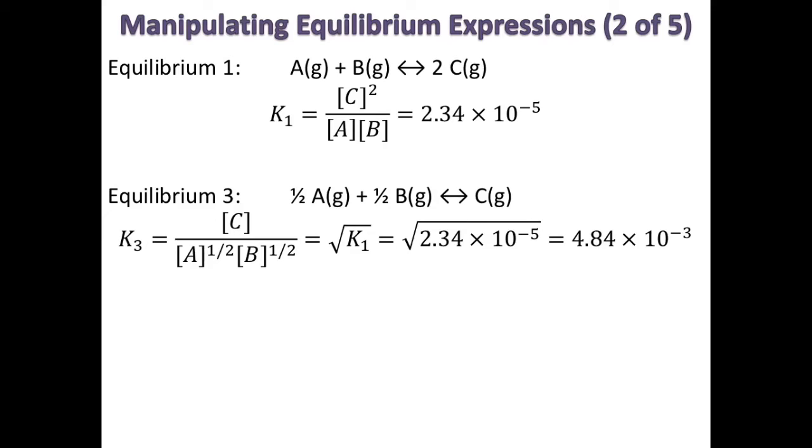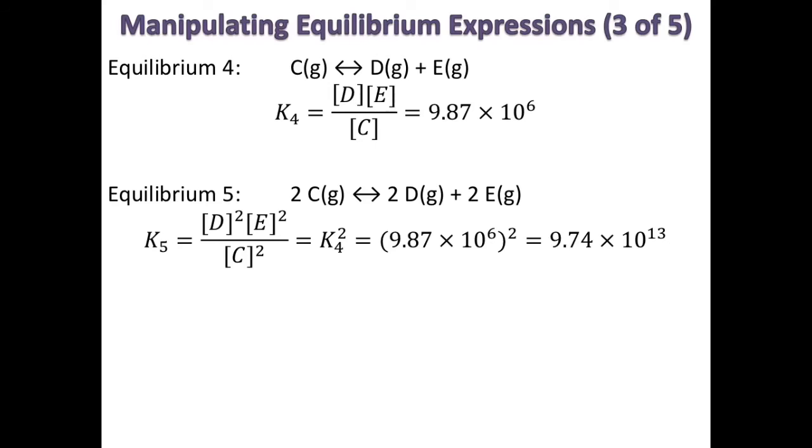So we have half of an A and half of a B to make 1 C. As a result, our equilibrium expression is C divided by concentration of A to the 1/2, B to the 1/2, which is equivalent to the square root of K1 for its value, and the square root of K1, 2.34 times 10 to the minus fifth, equals 4.84 times 10 to the minus third.